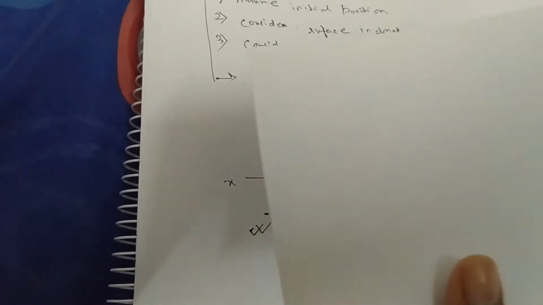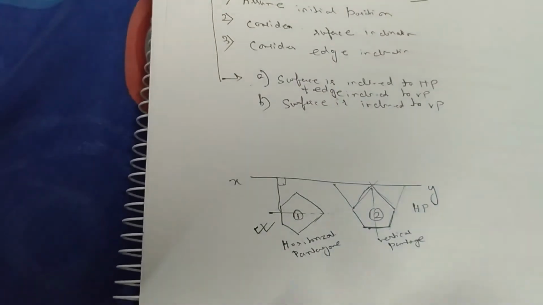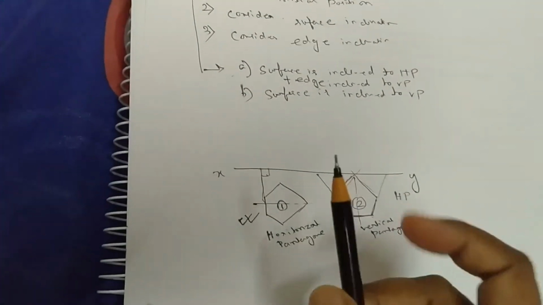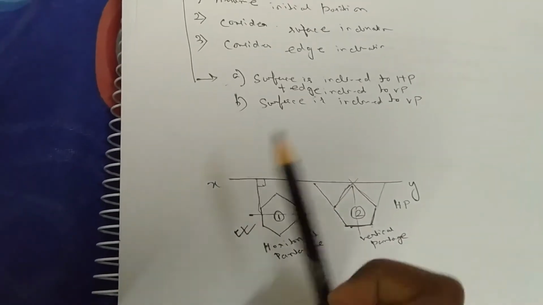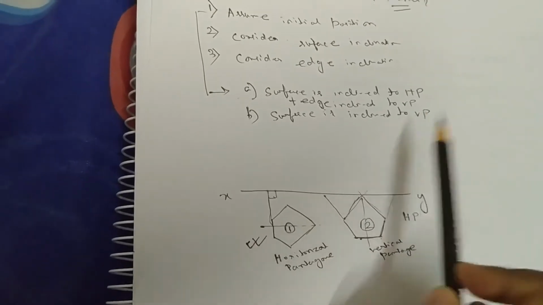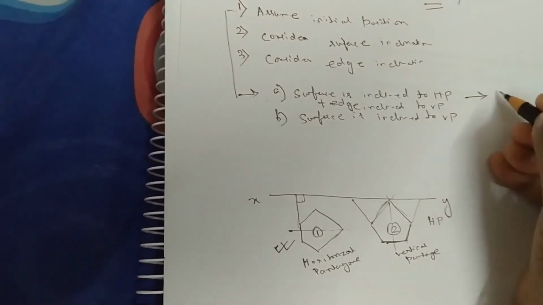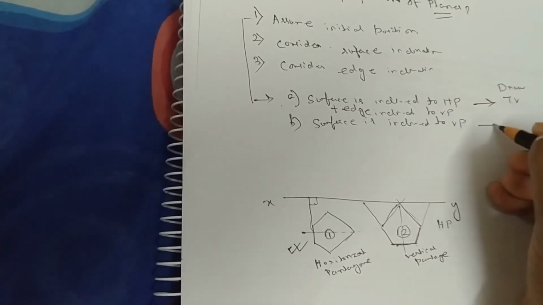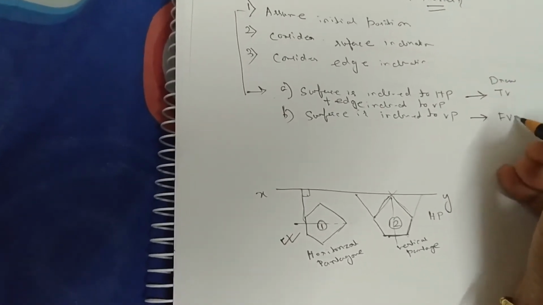For this case we are going to see the true shape from the front. So first we have to draw the front view. For this case it will be top view, draw, and this is front view.